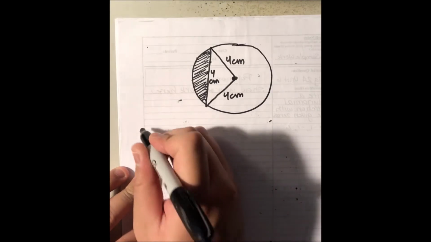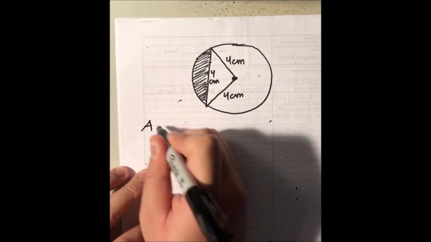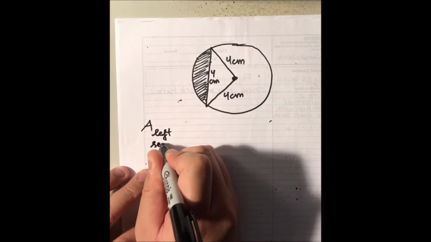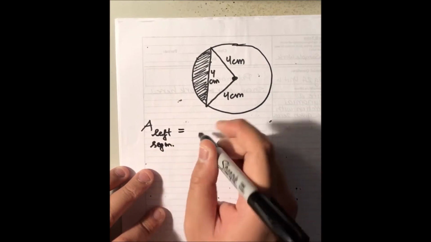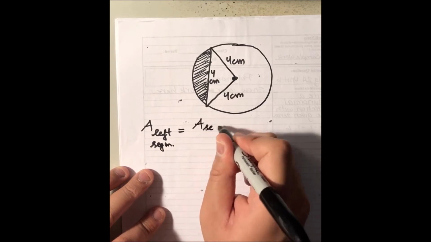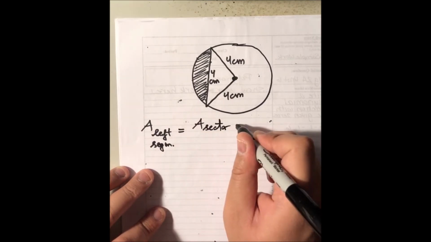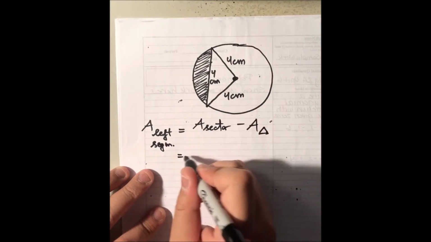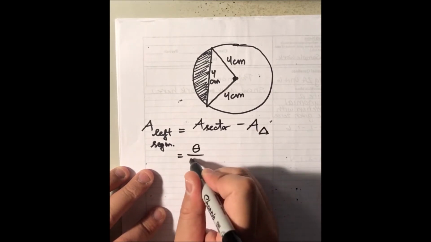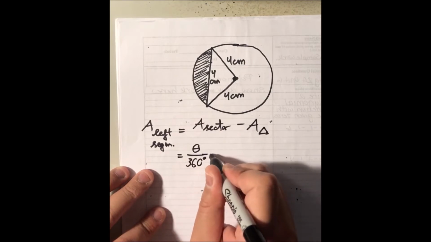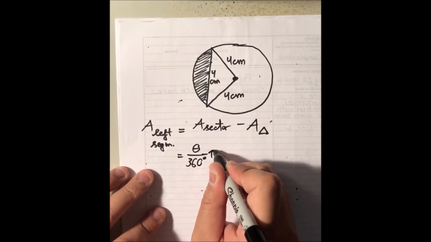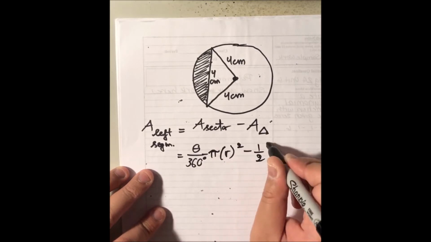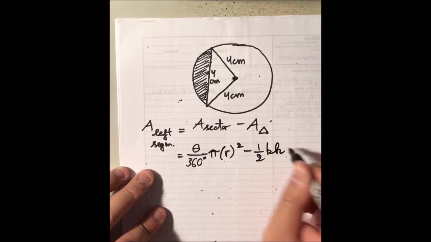Well, before we can even do all of that, we know that the area of this left segment is equal to the area of a sector minus the area of a triangle, which is the central angle theta divided by 360 degrees total, multiplied by pi, multiplied by the radius squared, minus 1/2 times the base times the height.